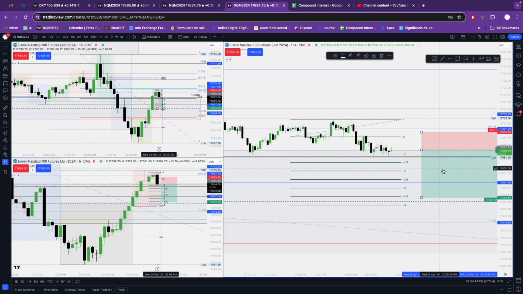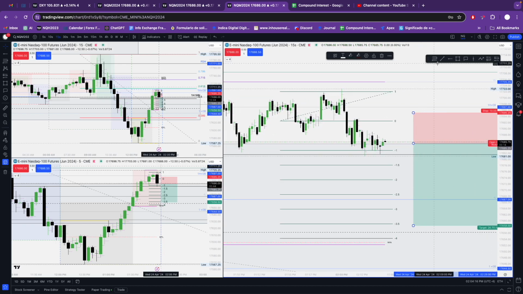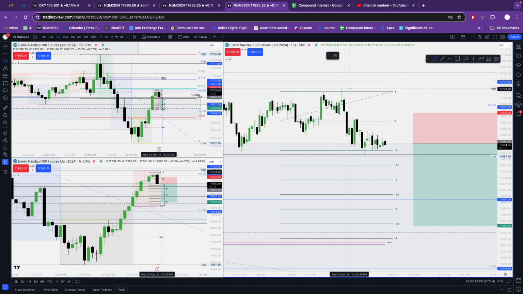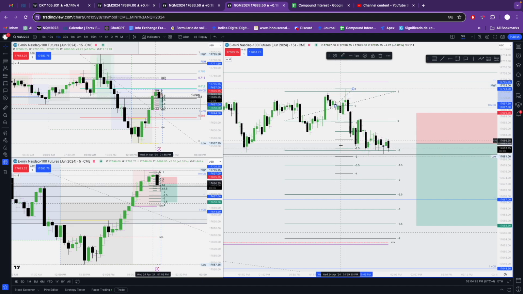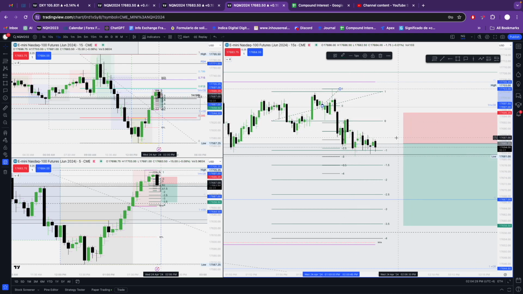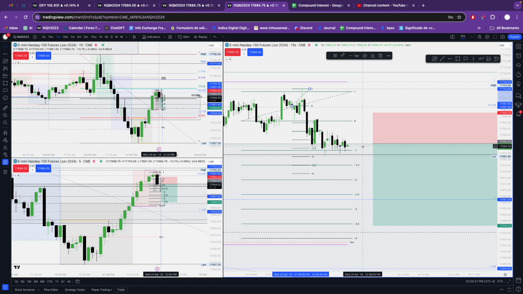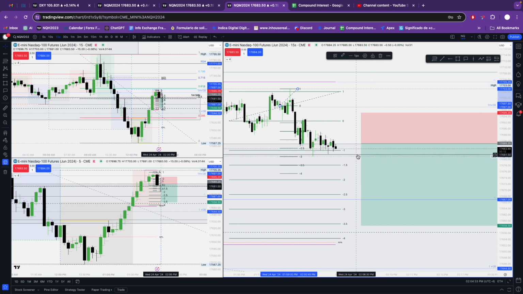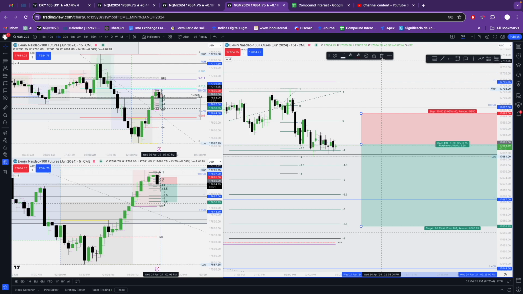Let's go down to the 15 second to understand whether we've reached our terminus. 2.5 is here, this last low. Down, up, down, sideways. The question is, if we enter in here, where would our stop loss be for a long position?